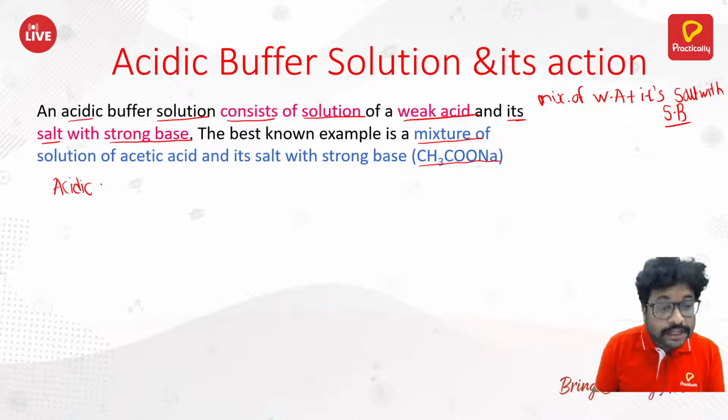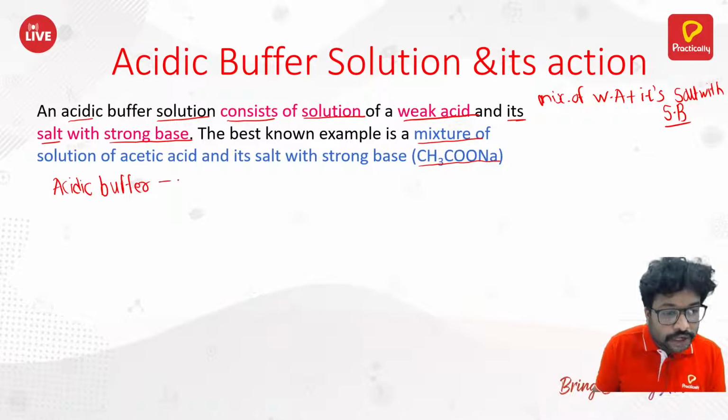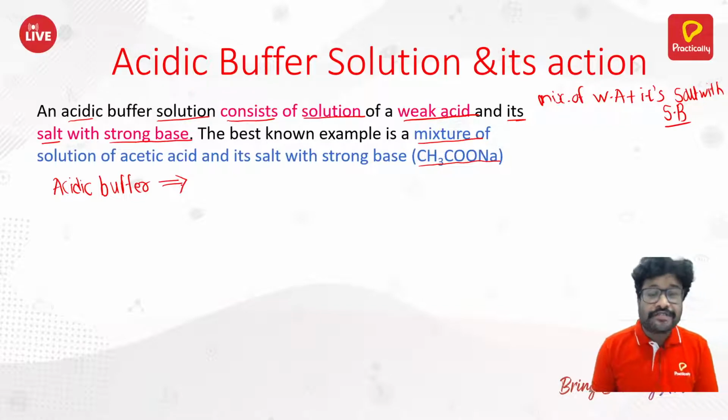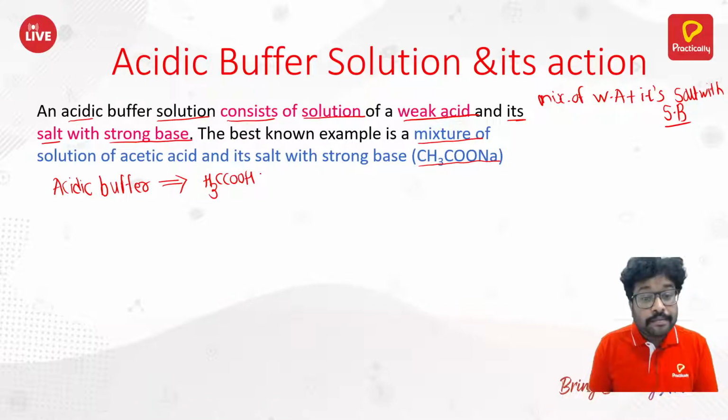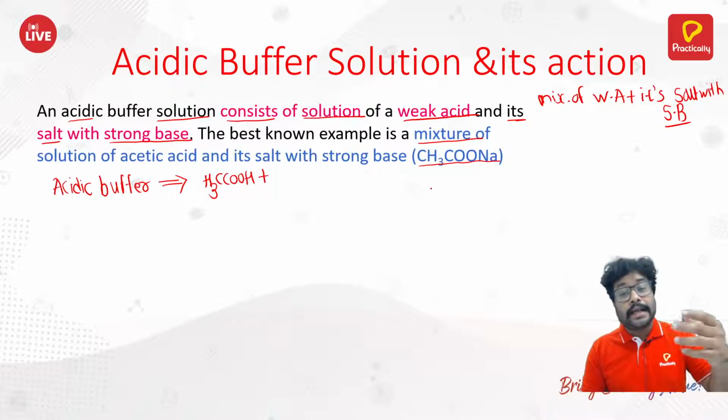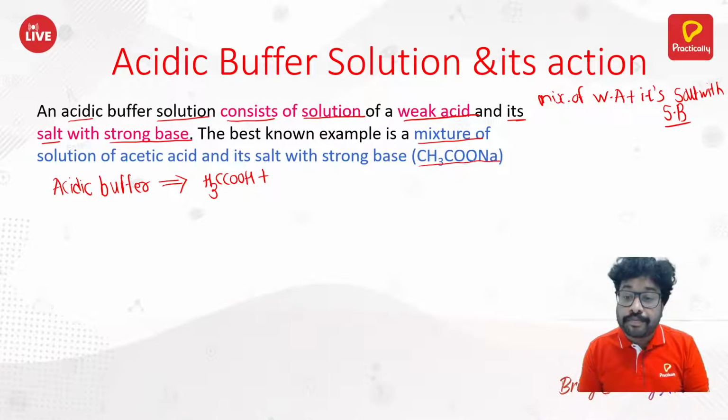So basically, if I give you an example here, an acidic buffer is a mixture of a weak acid. The weak acid we take here is acetic acid, CH3COOH, that's your acid, plus acetic acid's salt with a strong base.